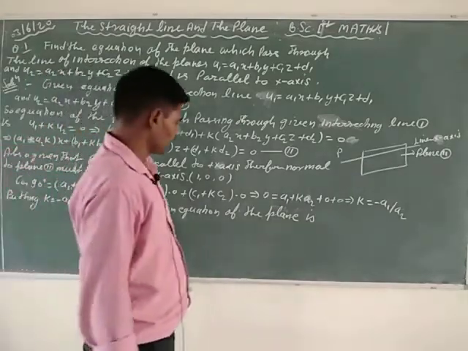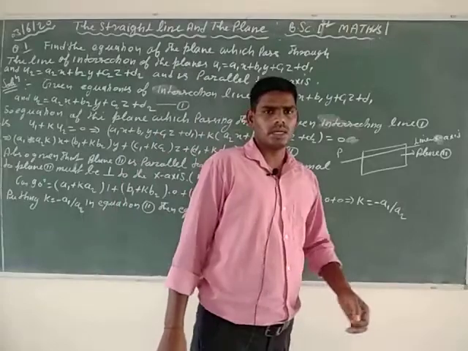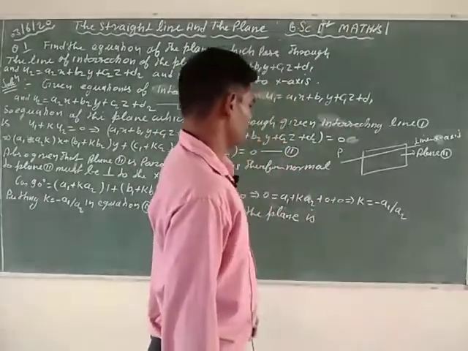So here the value of k is minus a1 by a2, which we put in the equation.